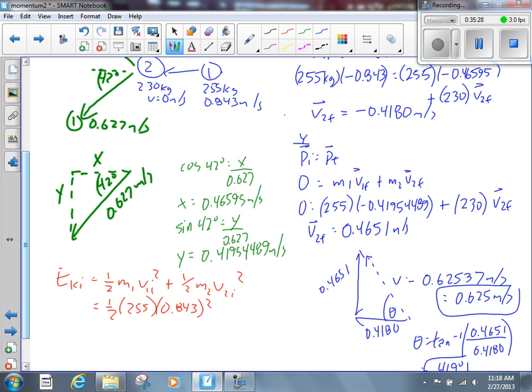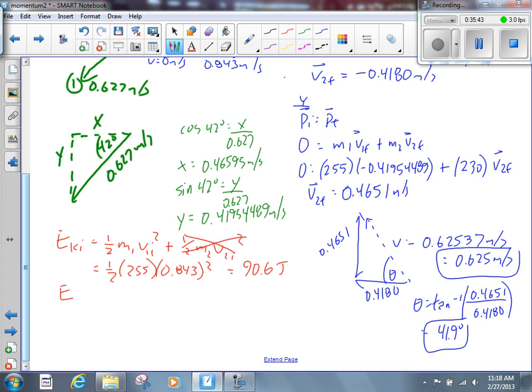The kinetic energy of object number 2 is 0 because object number 2 is at rest. When we calculate this, we end up getting 90.6 joules for the initial kinetic energy. Now let's do the same thing for the final kinetic energy. EKF is equal to 1/2 m1 v1f squared plus 1/2 m2 v2f squared.